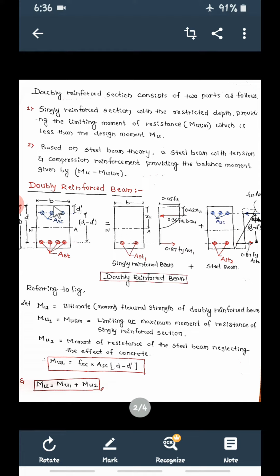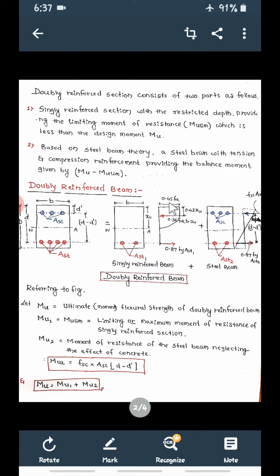It is the cover from the top to the center of the compression steel. Now the distance between these two reinforcements is D minus d dash, the center to center distance between these two steels.